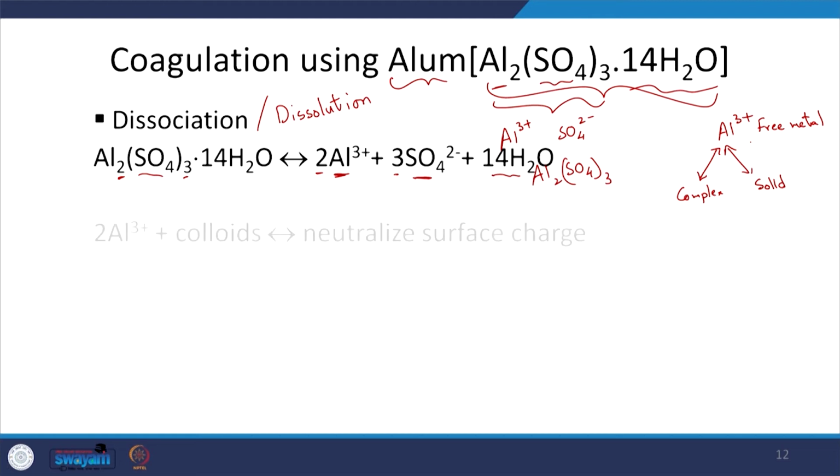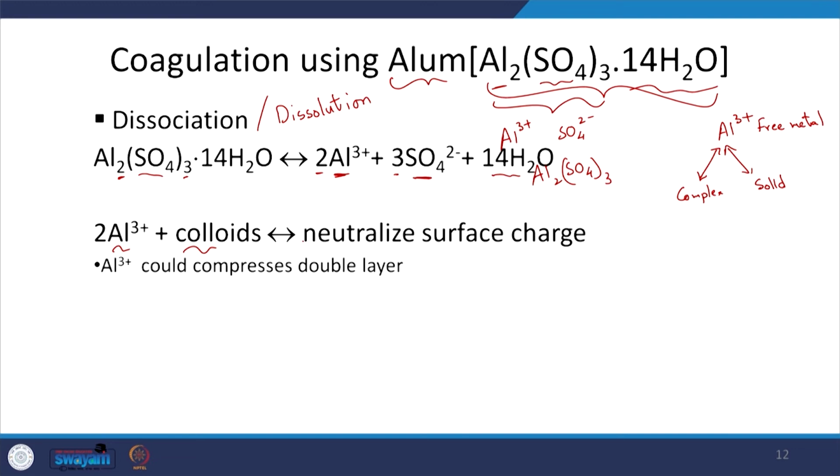So, let us see what else we have here. Okay, Al3 plus itself can neutralize the charge on colloids, but we know that might not happen depending upon the level of complexes and type of complexes being formed. And if this happens, or part of it or some of it will happen, it could compress the double layer, right.